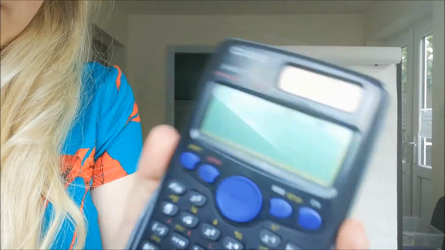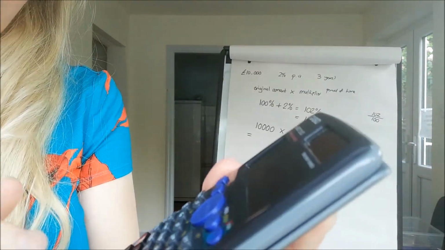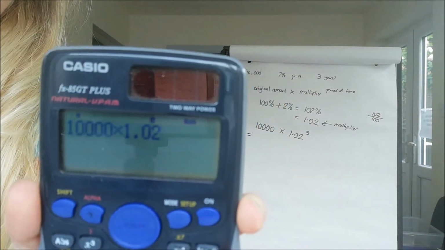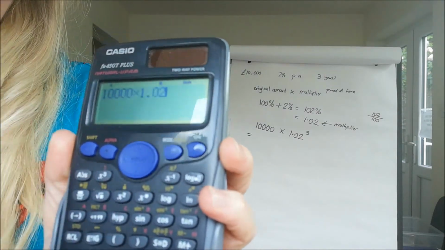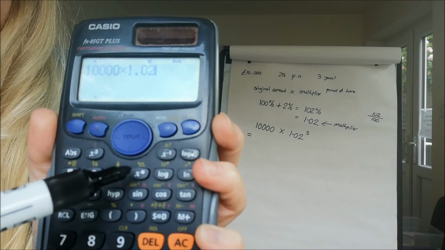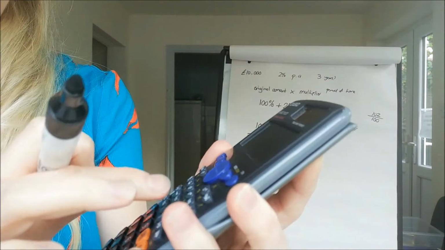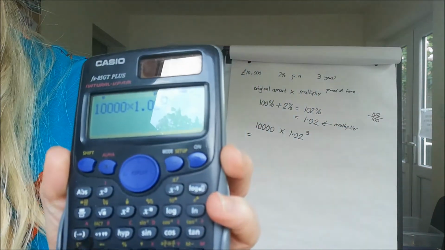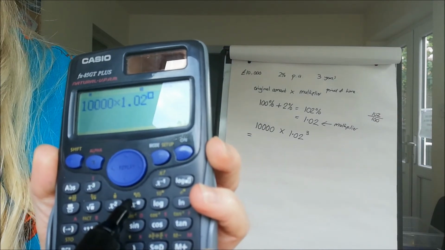So 10,000 times 1.02. And then if you see that button there, let me try and get it to focus. There's a little X with a square above it. And that little square allows you to put in a power of your own. So I'll press that little X with the square button, not the X squared. On my calculator it's at the side and it's X with a blank square.